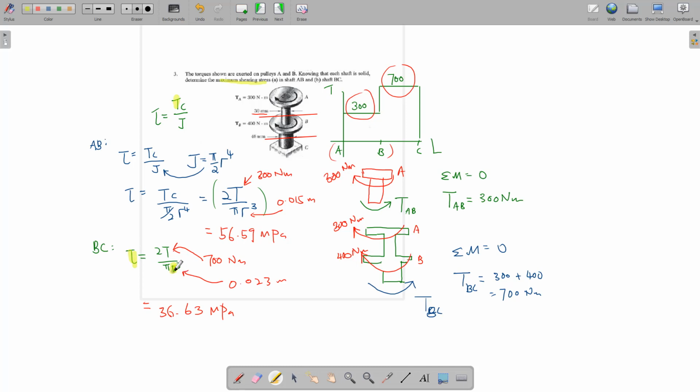That is okay, because that is what we need to do for question number 4. We need to recalculate the radius of the bottom shaft, and we expect to use a smaller diameter.